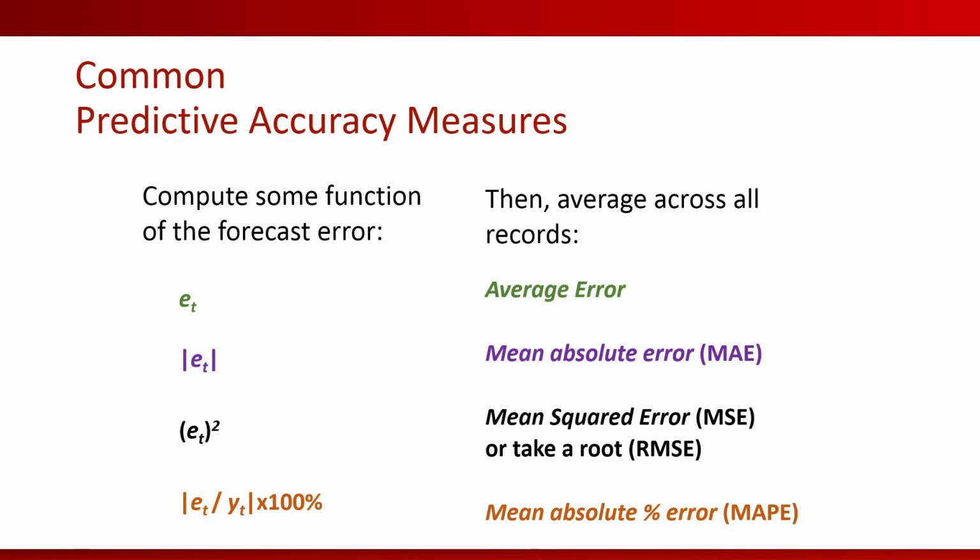And averaging squared errors gives us a metric called the mean squared error, or MSE. And sometimes we take a square root of this MSE, which is called the root mean squared error, or RMSE. So software might give you MSE or RMSE. They're basically the same idea. The reason to use RMSE is that the value will be on the same scale of your original data.